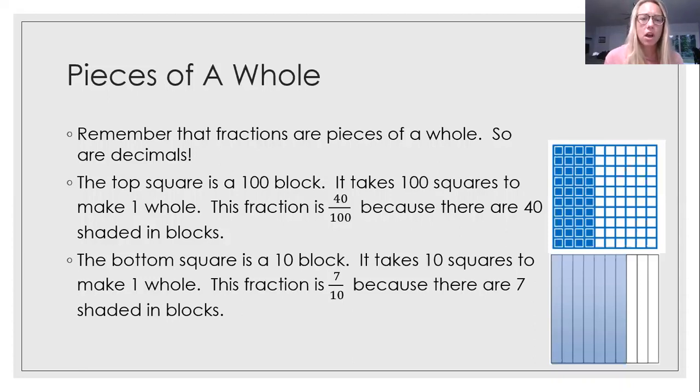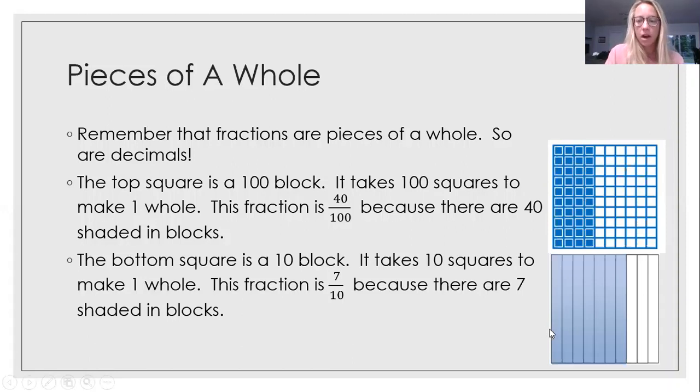So we're going to start by talking about hundredths. In this box, there are 100 squares. The 100 squares make one whole. This fraction represented would be 40 hundredths because I have 40 little squares that are highlighted out of the 100 possible squares.